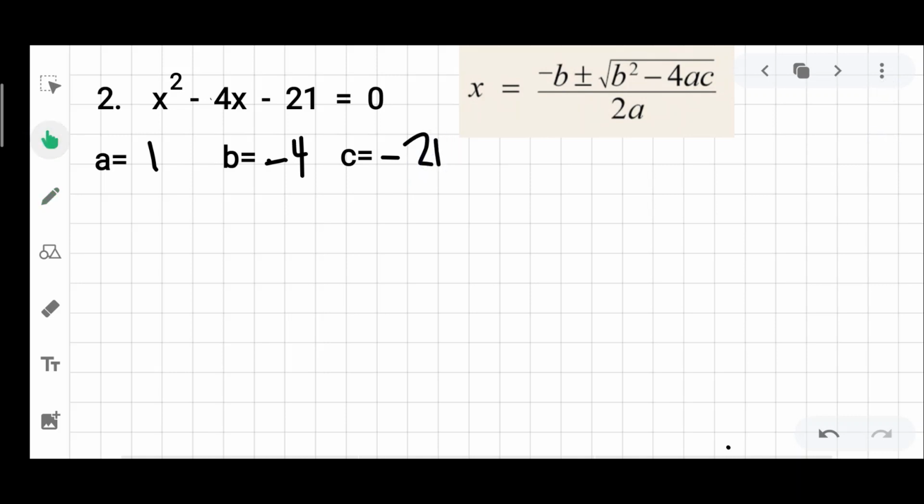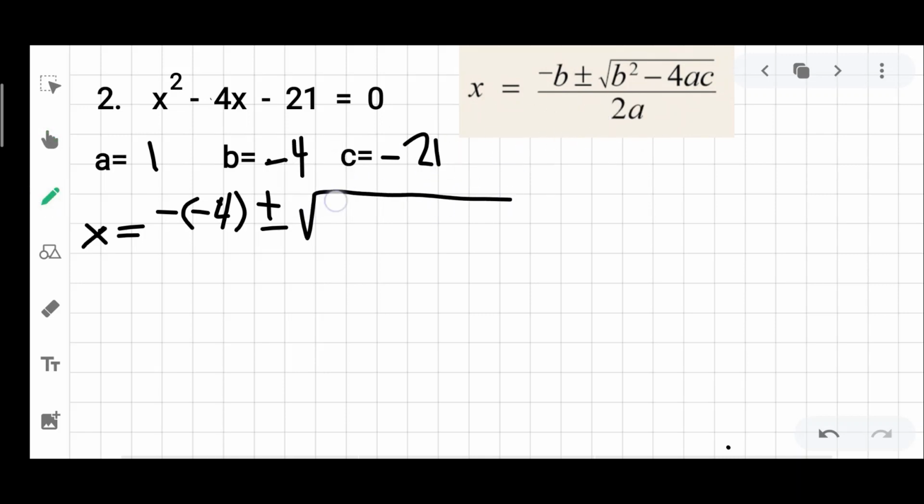So ngayon, pwede na tayong gumamit ng quadratic formula. So we have x equals negative dito sa b sa formula. B, ano b natin? Negative 4. Then, plus or minus, square root of, ano ba yung b natin?